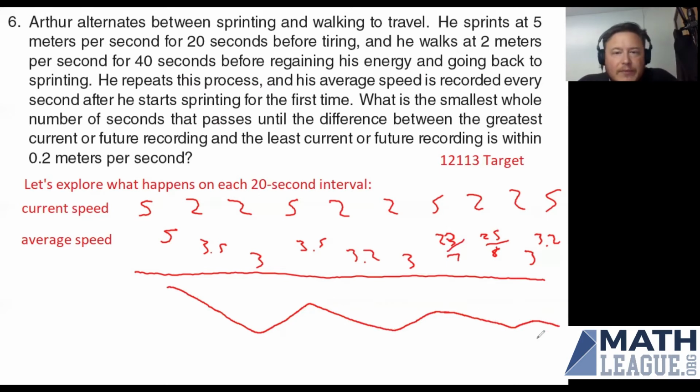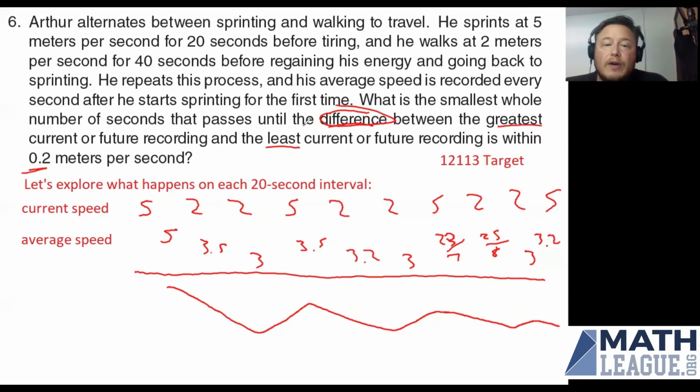That's where the question comes in. What's the smallest number of seconds that passes, from the start of your journey, until the difference between the greatest recording that we're ever going to have from here on out and the least recording from here on out is within 0.2 meters per second? I want the difference to be within 0.2 meters per second.